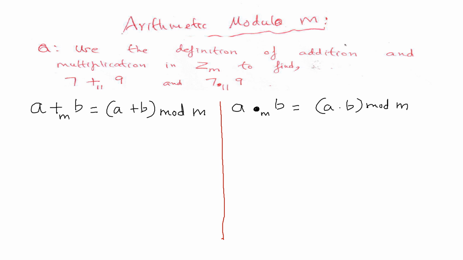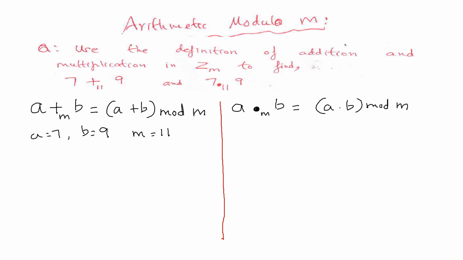Now, how are we going to do this? Here a is equal to 7, b is equal to 9, and m is equal to 11. So how to solve this?